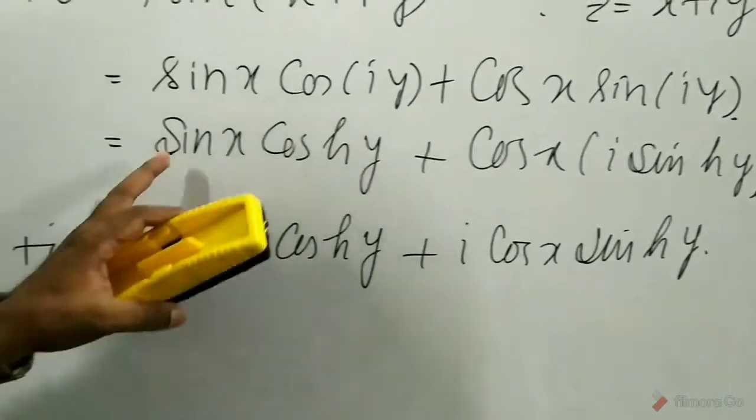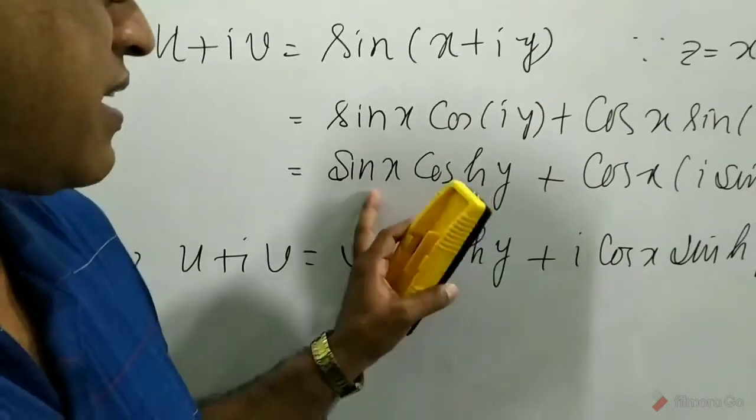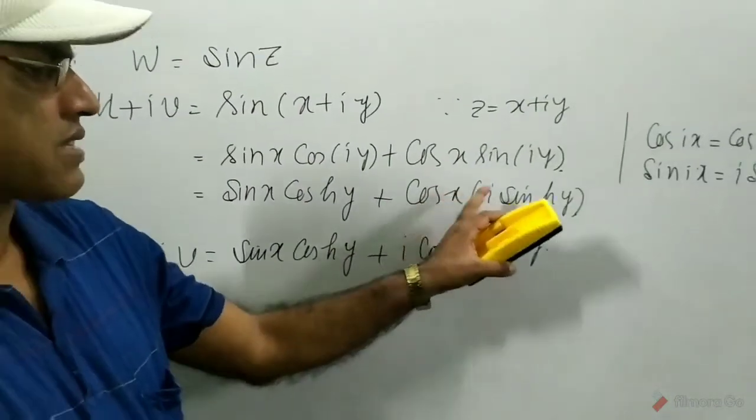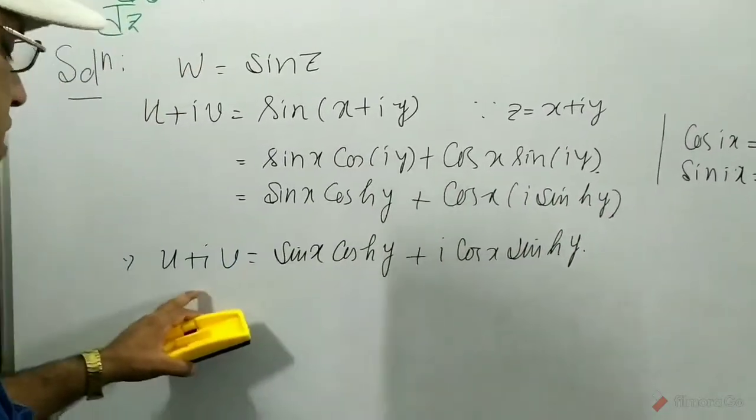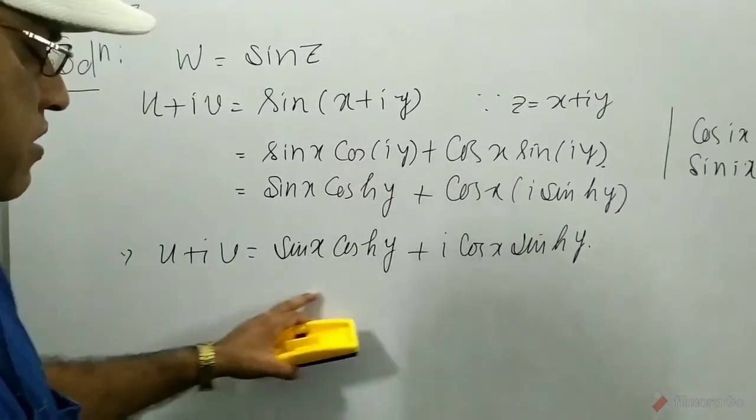So u plus iv equals sin x cos hyperbolic y plus i cos x sin hyperbolic y. This is our calculation.